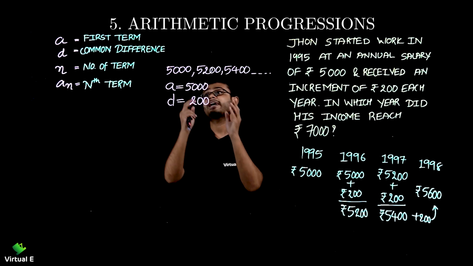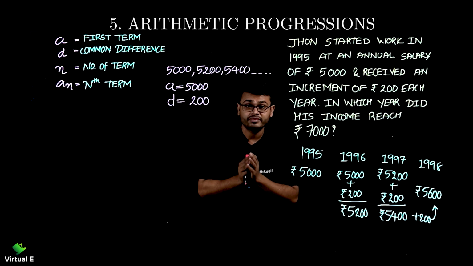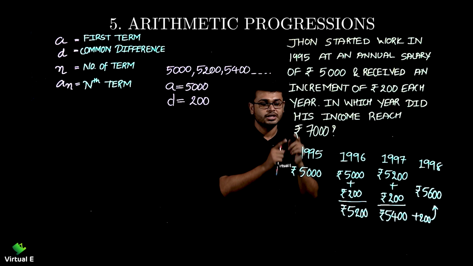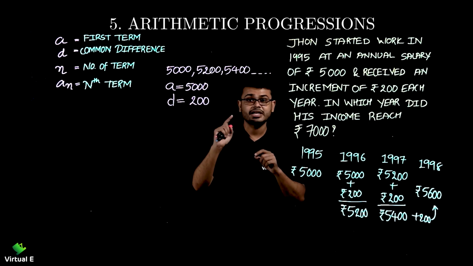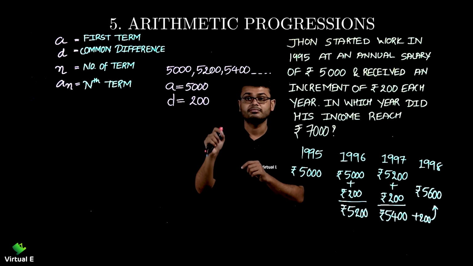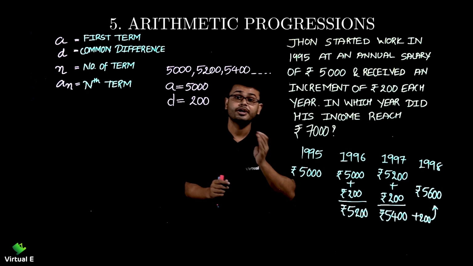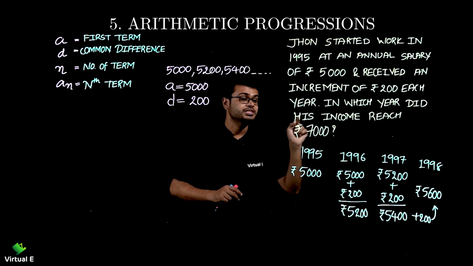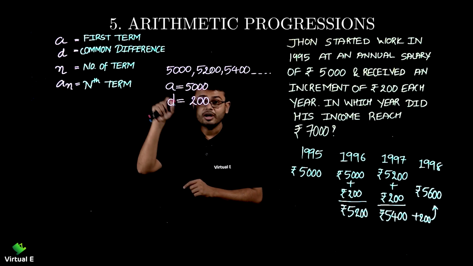Is 7,000 in the category of term or number of term? You can see that 7,000 is the salary and 5,000 is also a salary, so it is a term. 7,000 we classify as a term, not as number of term.